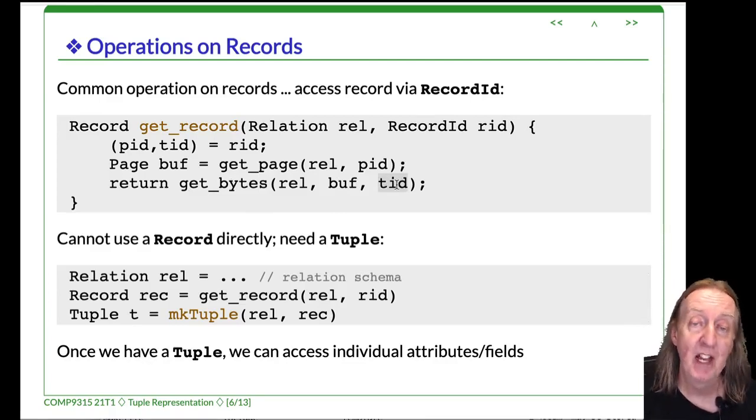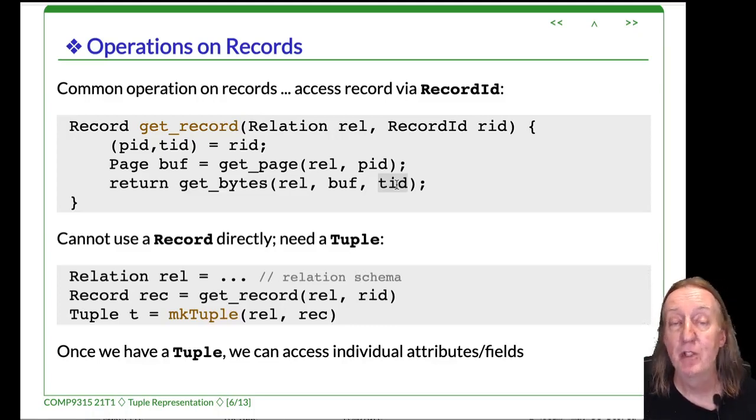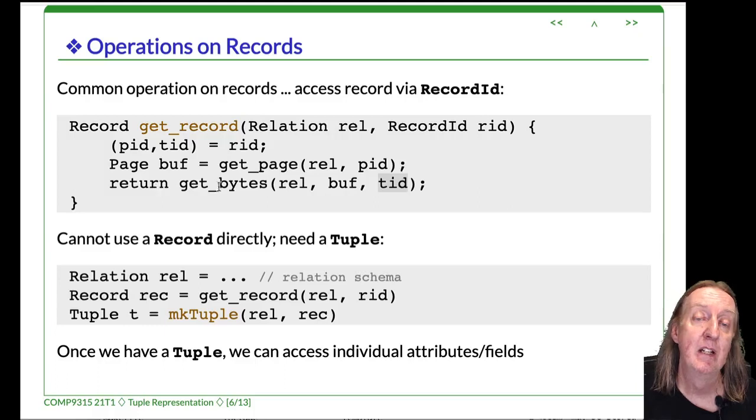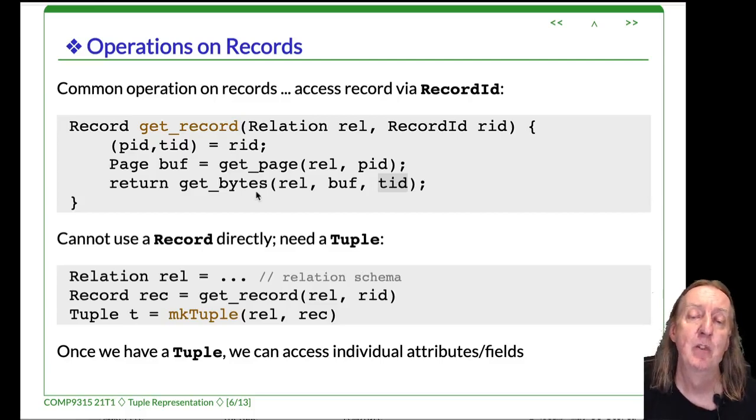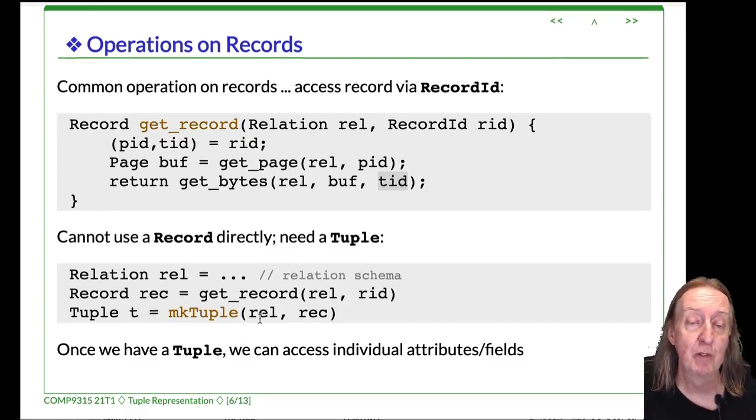We can find the start address and possibly the size of the record, and then we can read that information, or return it as a sequence of bytes. However, just having a byte sequence by itself doesn't really help us. We need to interpret that relative to the tuple structure for the relation.